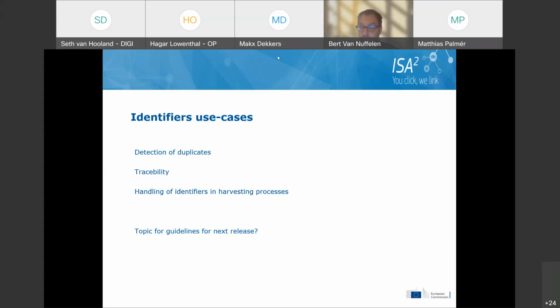So the proposal for the topics that I raised on the identifier, I will put them for future work. That's what we will do, and I invite you all that in addition to these use cases, if you have additional use cases and specific cases of identifiers, to share them with us, and we can take that into account.